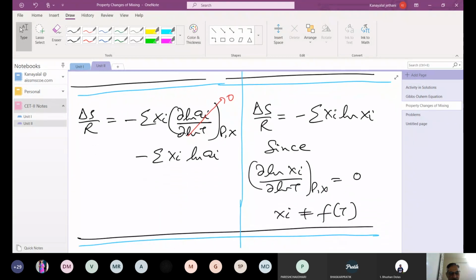OK, so let's see an application of these ideal solution equations.